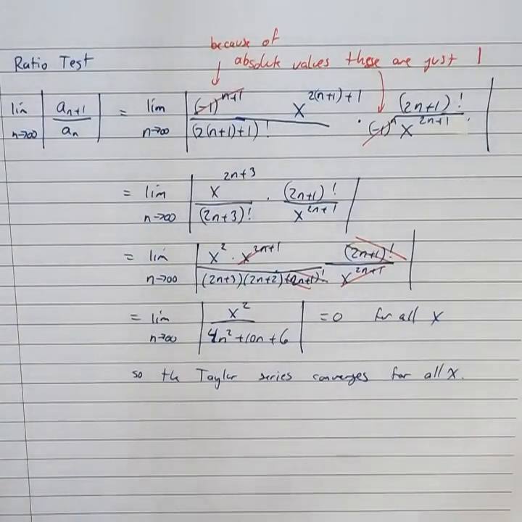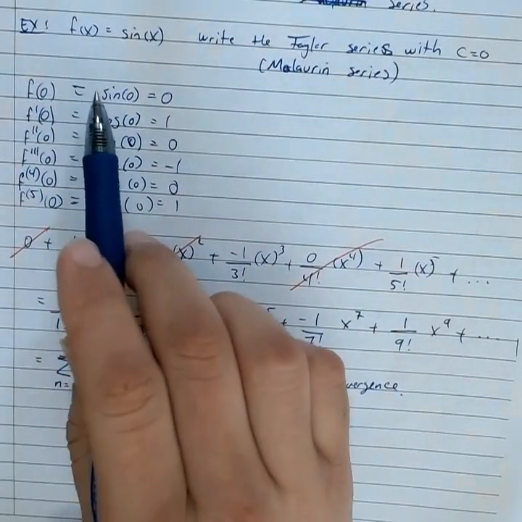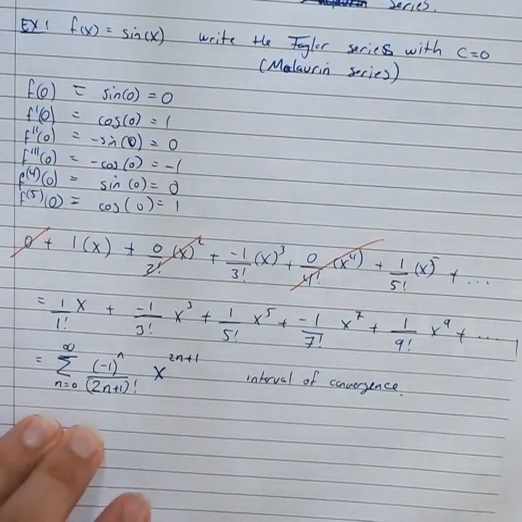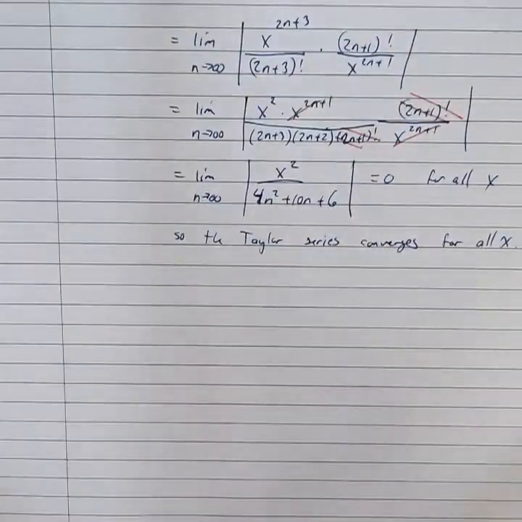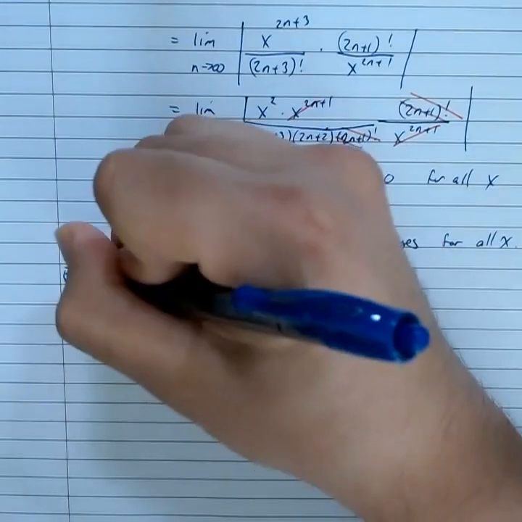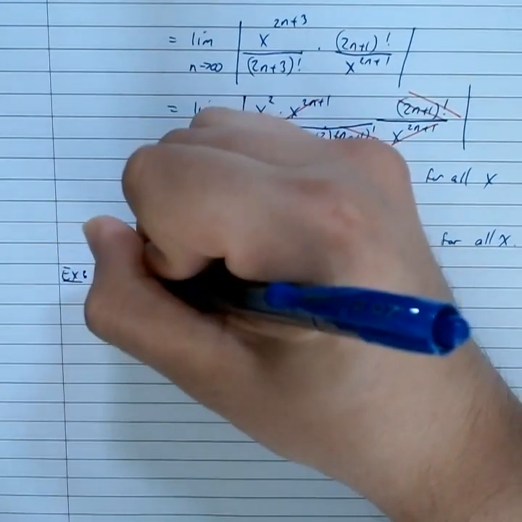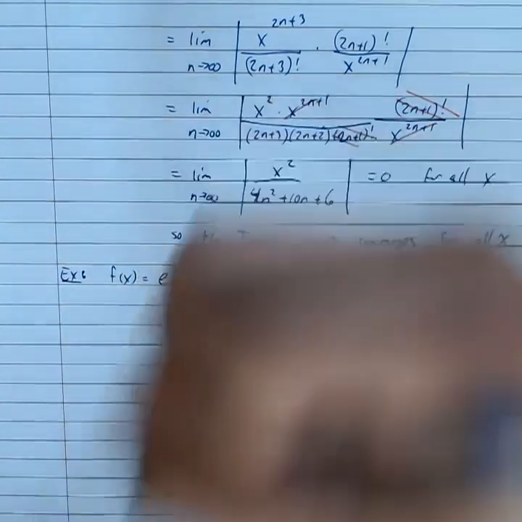Before we move on and see anything else about this, notice what we've done. We took a function, we used it to generate a Taylor series and then said, oh, and by the way, that Taylor series converges for all real numbers. Before we continue, go ahead and try the following example. Let's take the function f of x equal to e to the x.